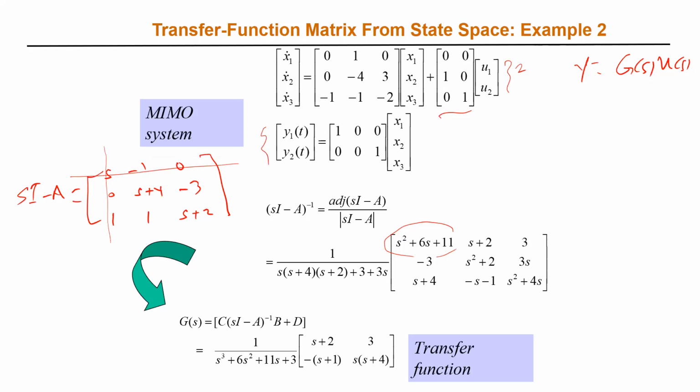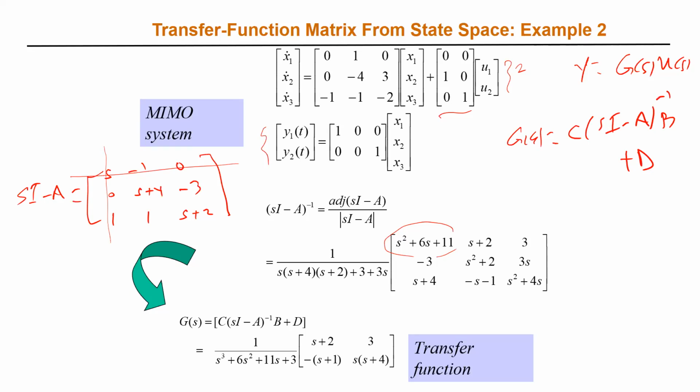Let me wrap it up. If you have the quadruple A, B, C, D, we can apply the formula: the transfer function G of S equals C times Si minus A inverse, times B, plus D. Next lecture, inshallah, I will give you a MATLAB command to find the transfer function.